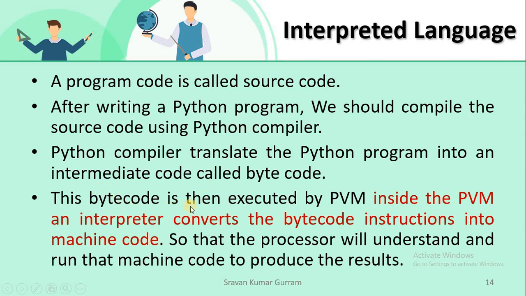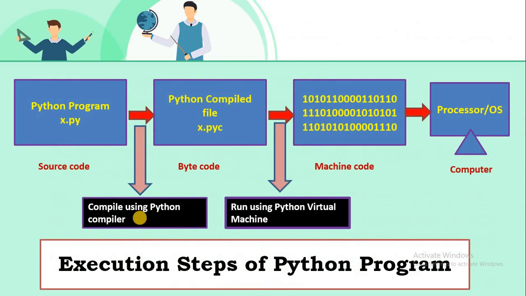Then the bytecode is executed by the PVM. Inside the PVM we have an interpreter. This is an important part. The interpreter converts the bytecode instructions into machine code. Then this machine code can be understood by the processor, and the operating system can execute it. Then that program will produce the results. This is the actual execution procedure.